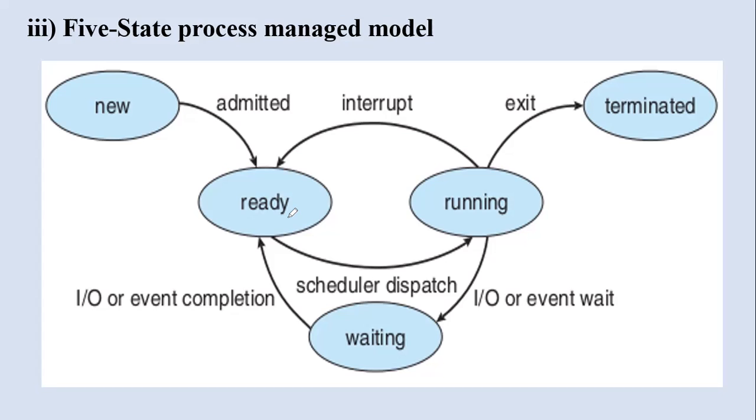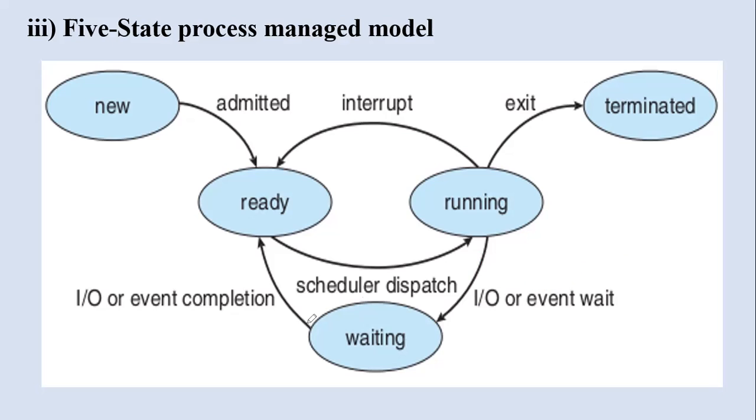Once its turn arrives, it is allocated the processor, and when it is being processed by the processor, it is said to be in running state. However, if the process which was in running state makes a request for an input or output or any other event, it is then put into the waiting or blocked state, where it will wait for the input or output event to occur.